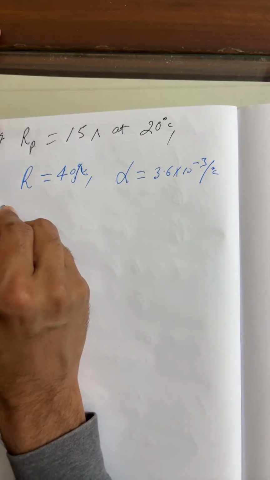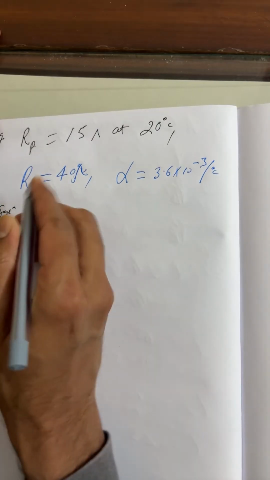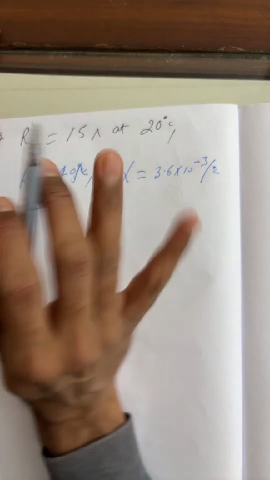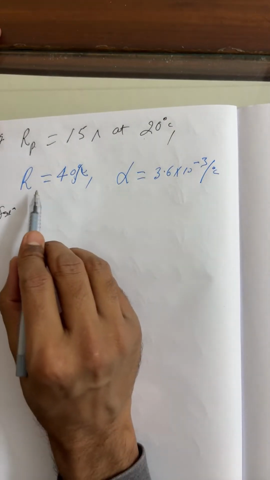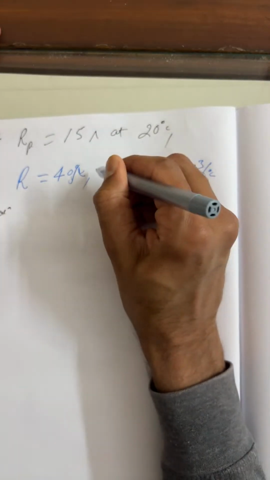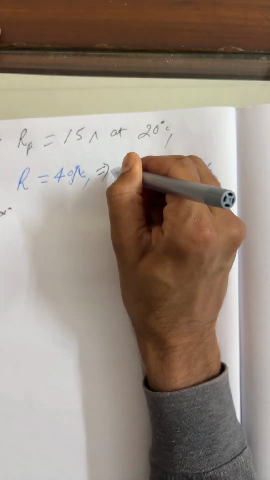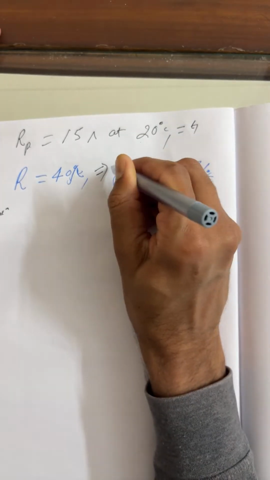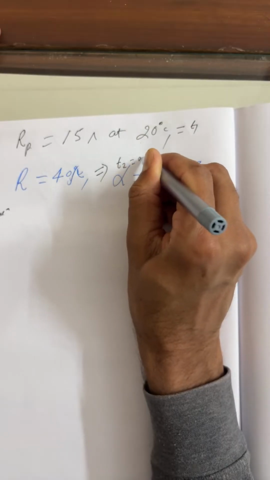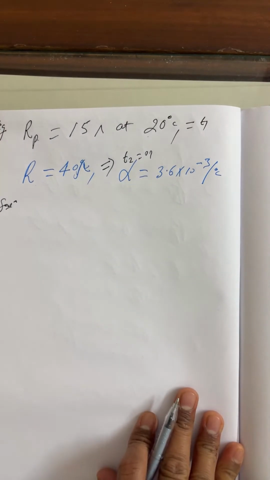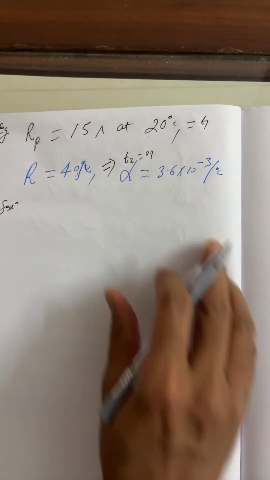Listen carefully, again I'm repeating: the resistance of the platinum wire is 15 ohm at 20 degrees Celsius. The resistance is 40 ohm. We have to find the temperature. Let us say this is T1, and we have to find temperature T2. Alpha is mentioned for this question.